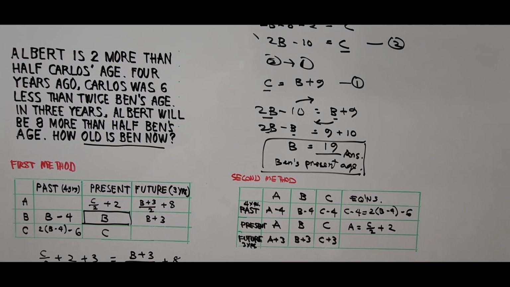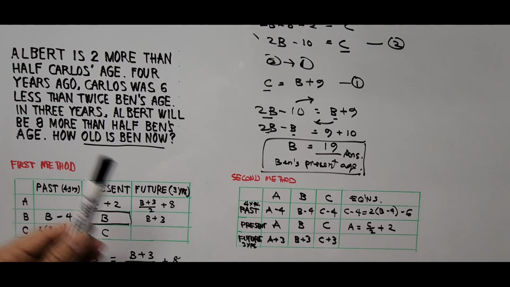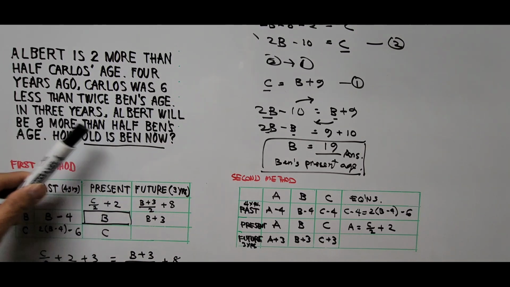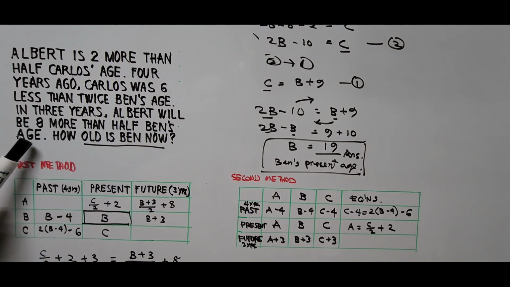And on the third sentence, it says there in 3 years. So it's referring to the future tense of their ages. So Albert will be 8 more than half Ben's age. So we're talking about Albert's age in the future. So A, Albert's age, that is A plus 3.